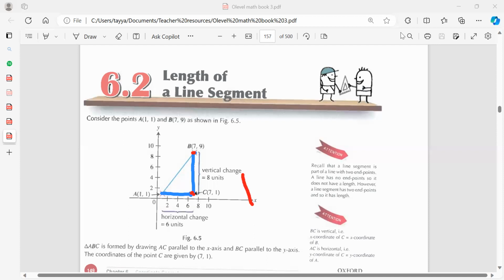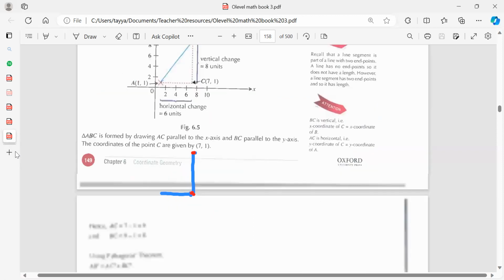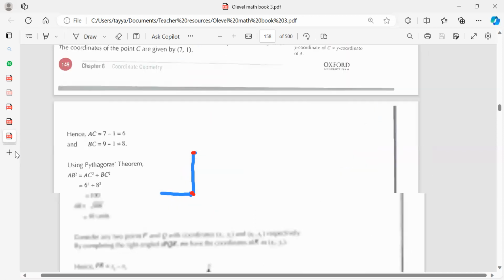Now we have to find the distance of AB. How to find the distance of AB?